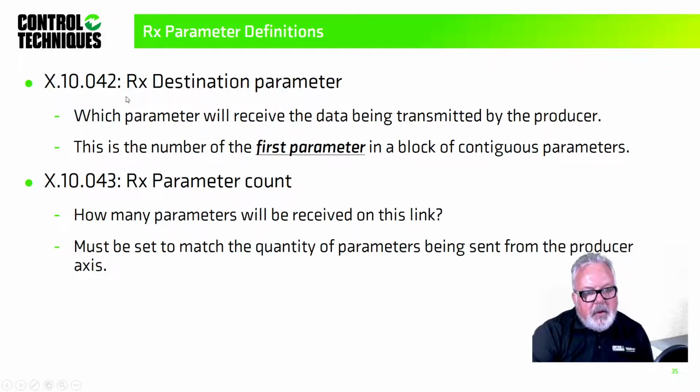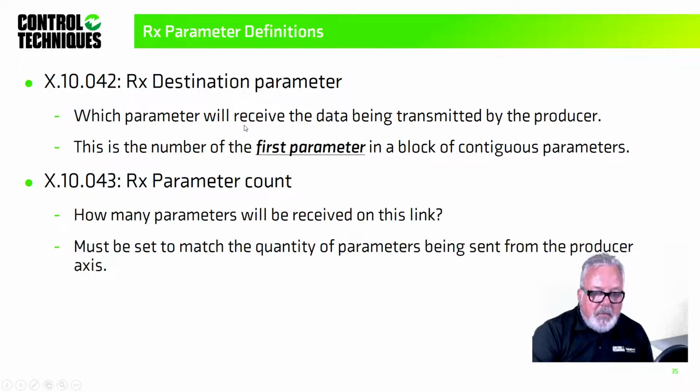Now, because we're the receiver, this parameter 42 in menu 10 is saying, well, what am I going to do with that? Where am I going to store that parameter that's being sent? So here is you're going to flag the first parameter. If there's more than one message coming on the link, then you flag here the first parameter number in the block of contiguous parameters that are going to receive that message link.